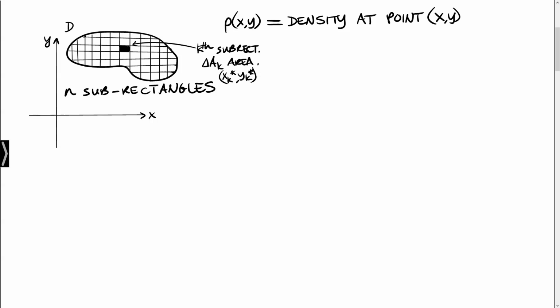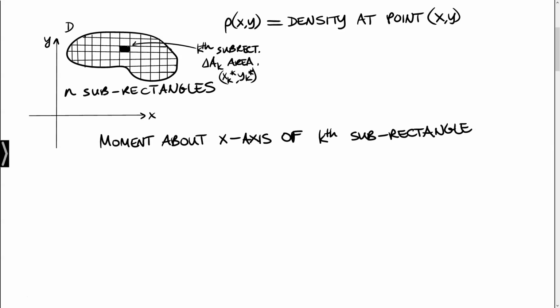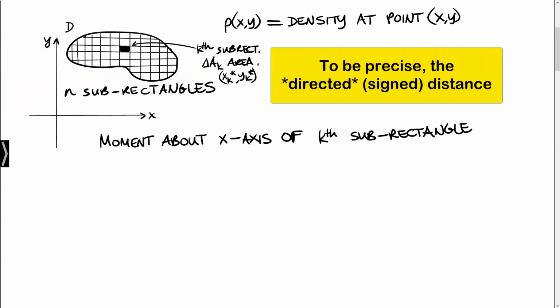So we want to figure out what's the moment about the x-axis of this kth subrectangle. The way this is defined is it's the product of the mass and the distance to the x-axis. So it's the mass times distance to the x-axis. Now we have to approximate both of those things.